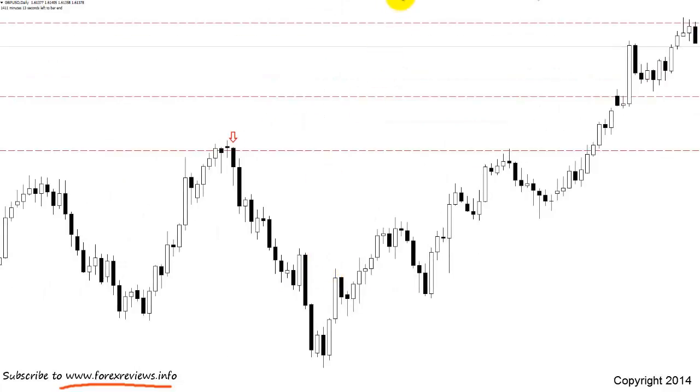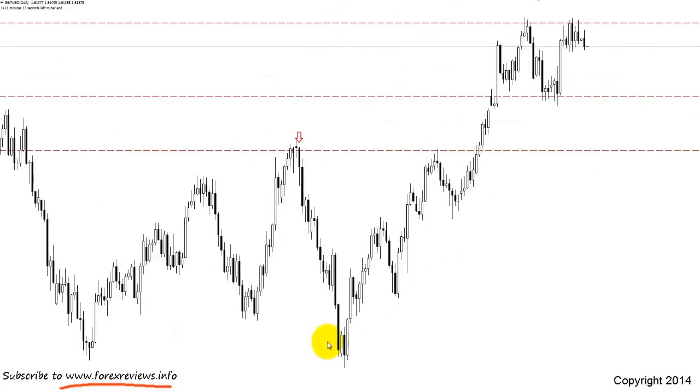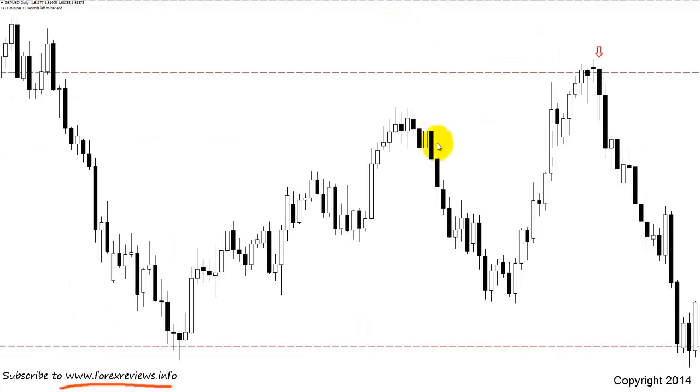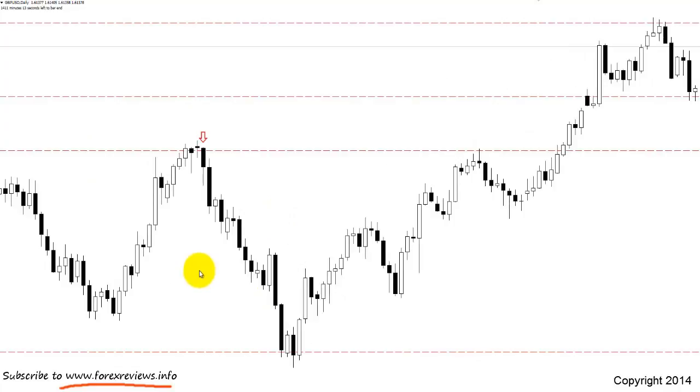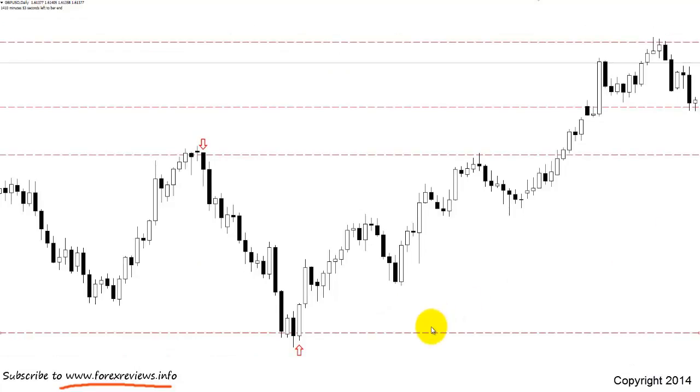We also know that this area here, look left, was a major support zone. So when price came back here, it could give a really good bullish engulfing bit of price action.